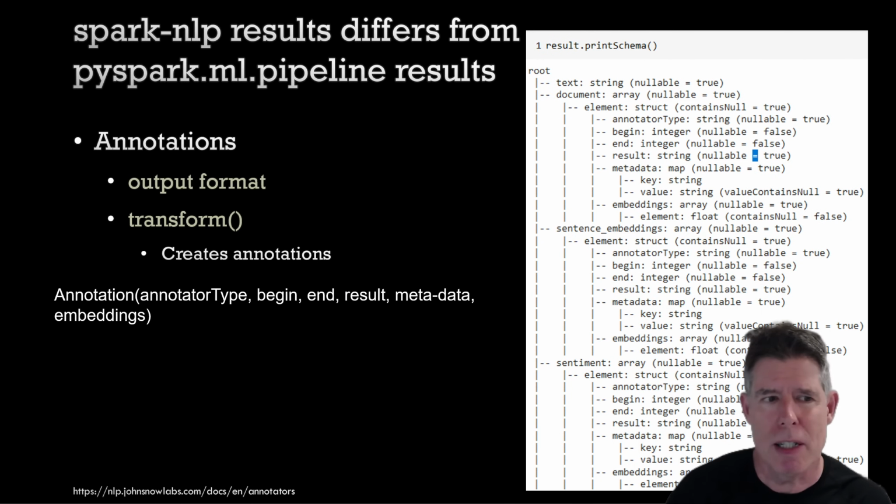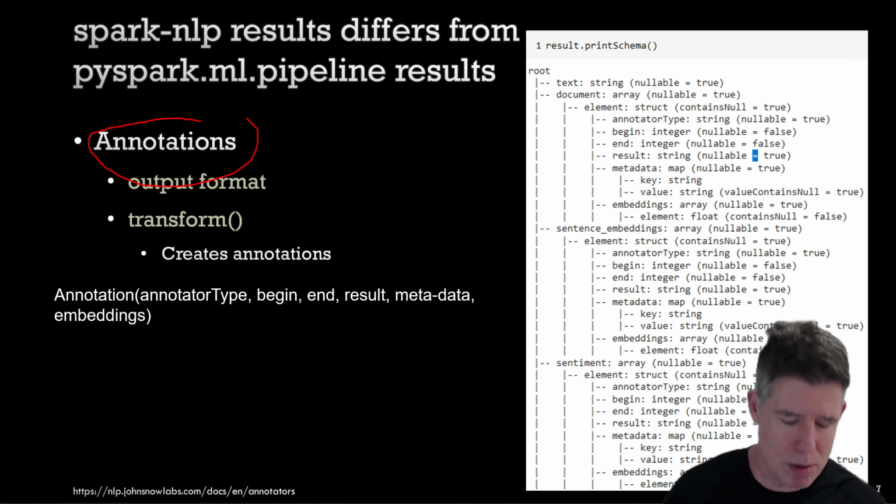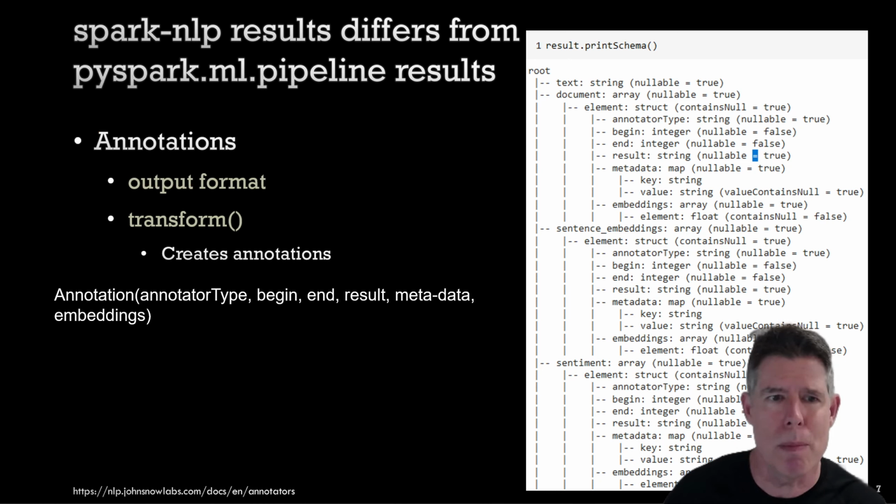The output is actually quite detailed. It's a little bit different than maybe when you've used other Spark ML library transformers and estimators. The output here has some annotations, all in a particular format where it annotates the type, begin, end, result, metadata, embedding. So one of the parts of the pipeline is going to analyze your document, for example, and then it's going to have an annotation type for that document analysis.